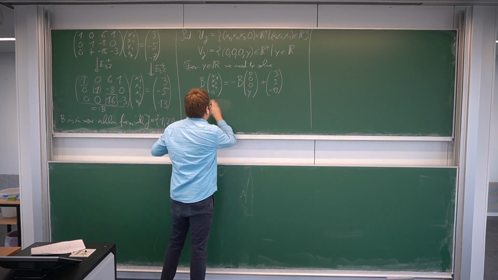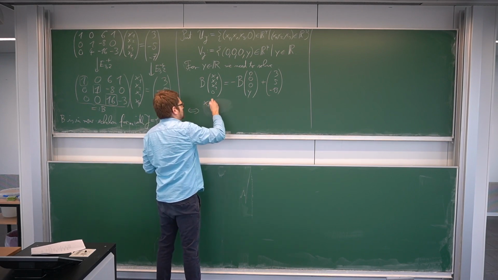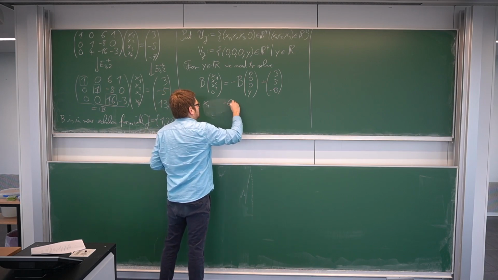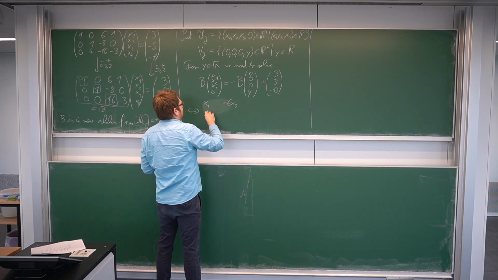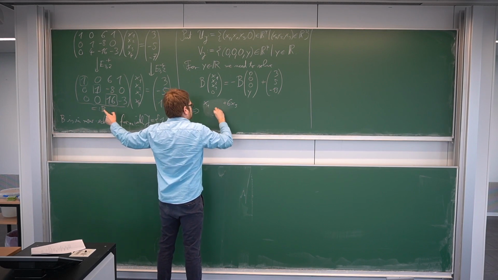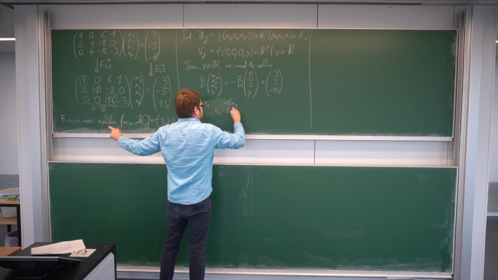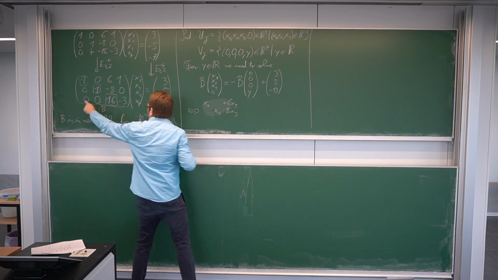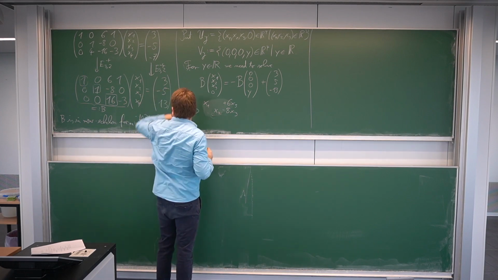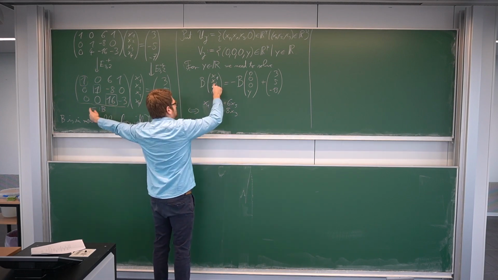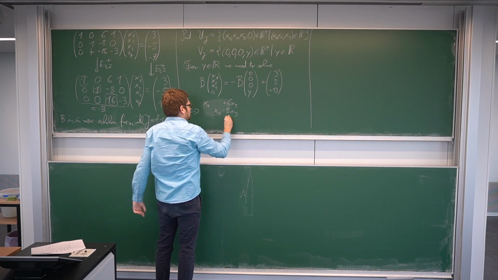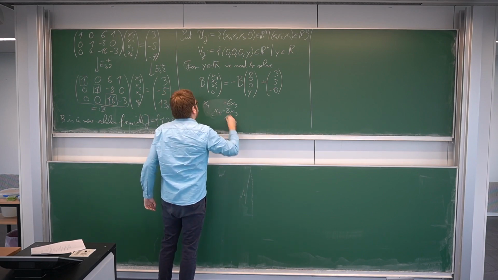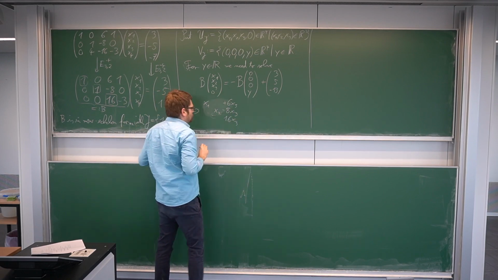Let me write this a bit cleaner: x1 plus 6x3, then x2 minus 8x3. And in the third row, we get 0 times x1 plus 0 times x2 plus 16 times x3, plus nothing because here's a 0.